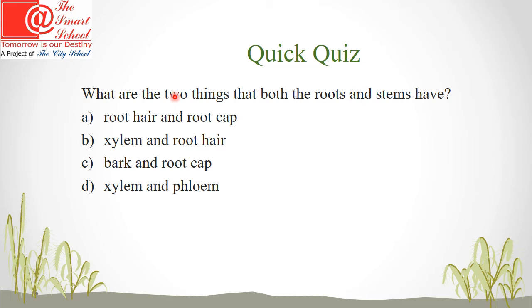What are the two things that both the roots and the stems have? Is it the root hair and root cap, or the xylem and root hair, or bark and root cap, or xylem and phloem? The correct answer is xylem and phloem. Xylem and phloem are two things that both the roots and stems have.